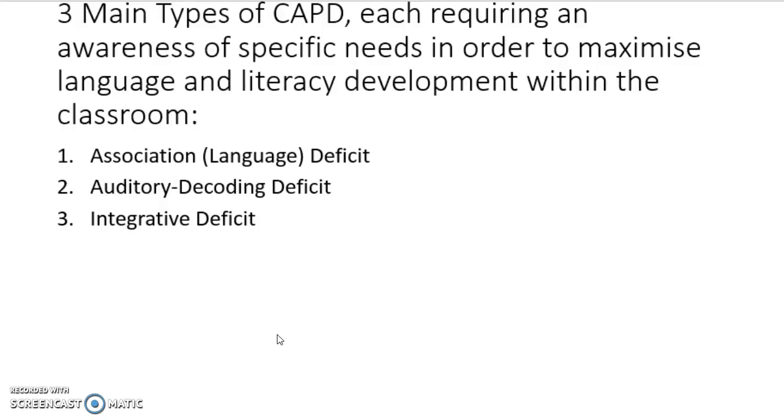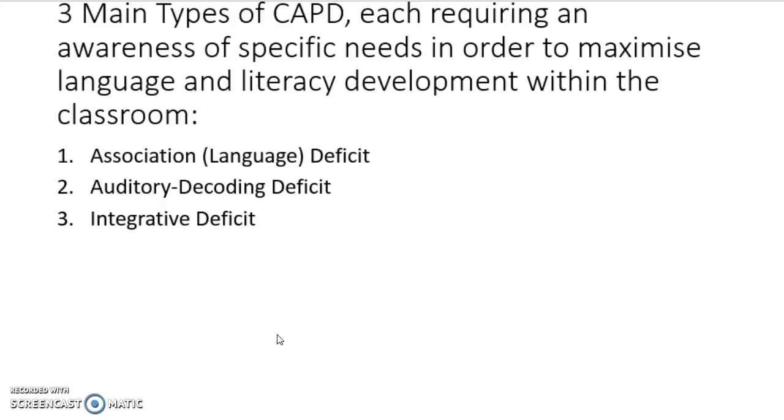The first kind is an association deficit, or a language deficit, which actually gives rise to specific language impairment and is thought to be an underlying cause of this, which are your general language impaired children in the classroom. The next type you've got is an auditory decoding deficit.